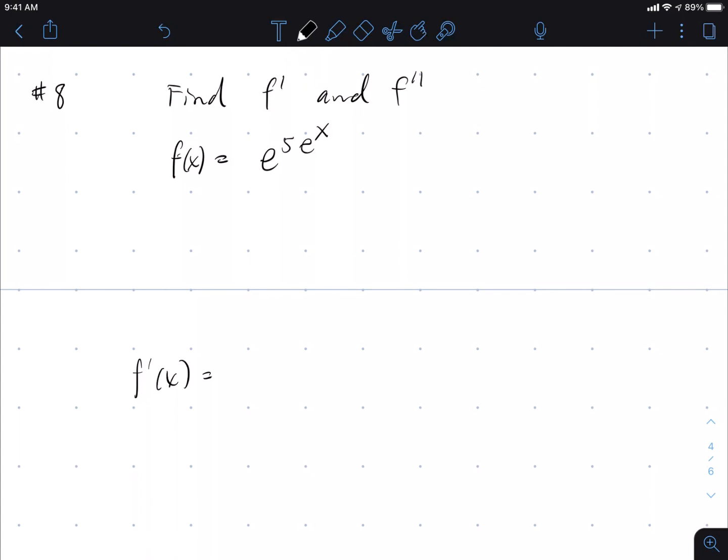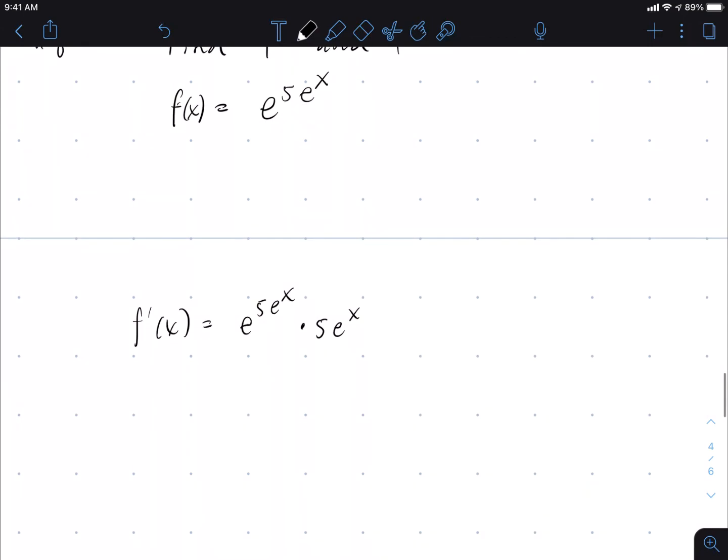e to the 5e to the x. You said e to the 5e to the x, and then the derivative of the inner function. Okay, and what was that? 5e to the x. Okay, so then times 5e to the x, correct? Correct. Okay, now something important for you to know to clean this up, it'll make it easier when you take the second derivative here.